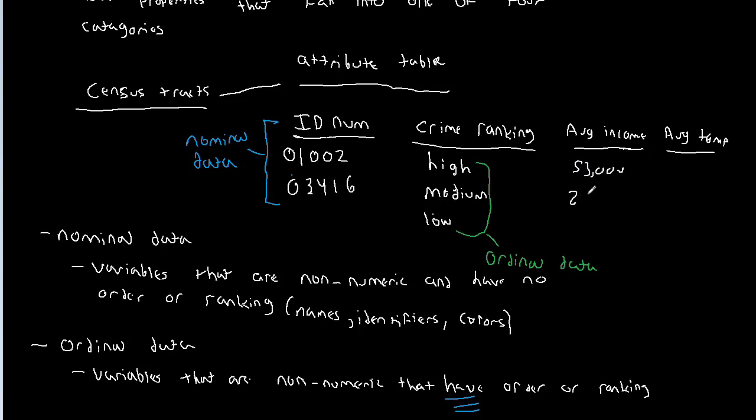Maybe one has an average income of 25,000, and maybe one has an average income of, say, 90,000. But if we have 0, that truly does mean that the average income is nothing. So average income in this case is an example of ratio data.